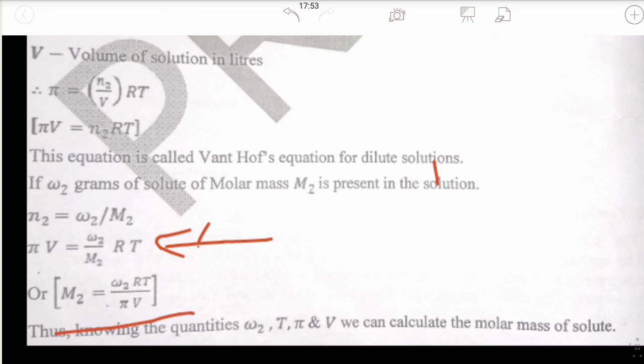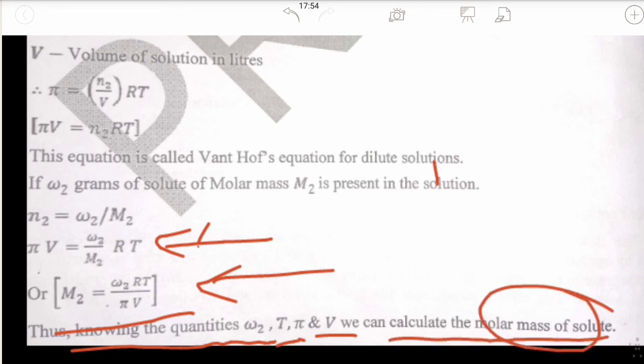By this equation, M2 is equal to W2 RT by pi V, so you can find the molar mass of the solute. Knowing the quantities W2, the grams of solute, temperature T, osmotic pressure pi and volume V, we can calculate the molar mass of the solute easily.